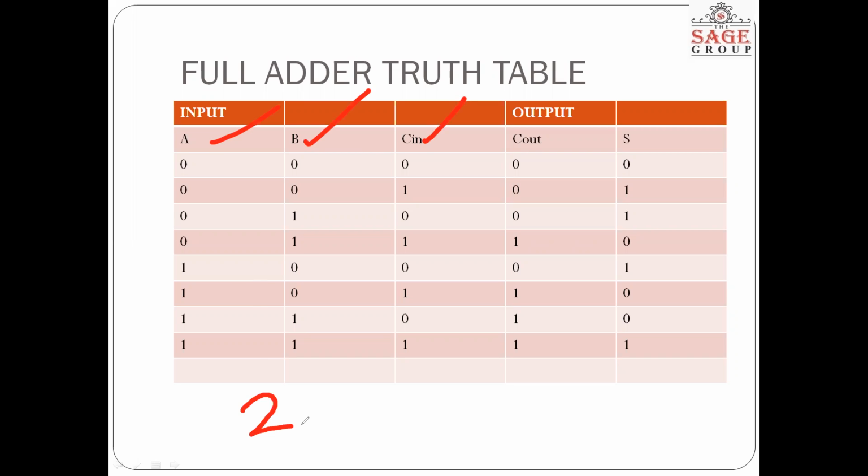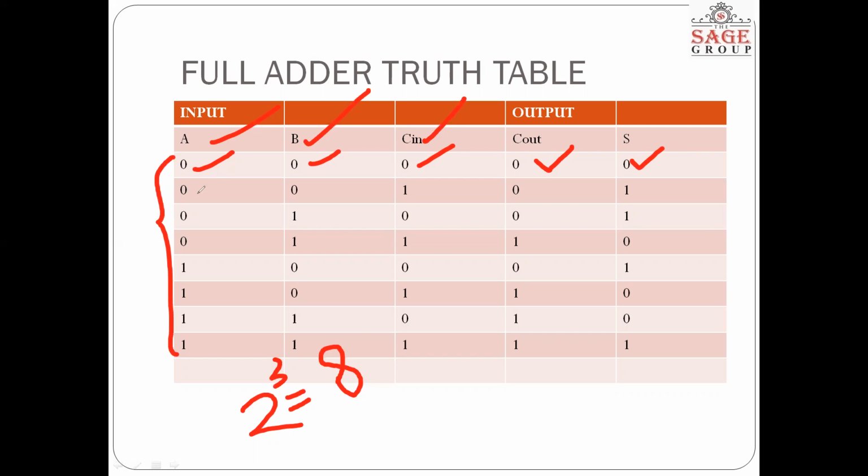So the number of combinations is 2 to the power 3, that is 8. So in this truth table, 8 combinations are there like this, right? In this truth table, first we take 0, 0, and 0. So we get carry output 0 and sum 0, right?